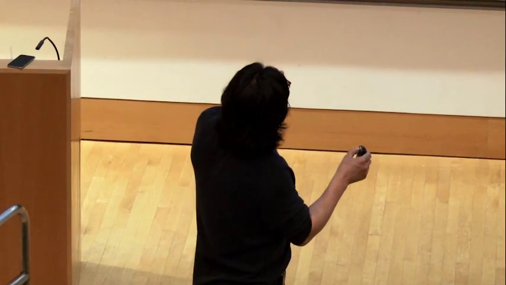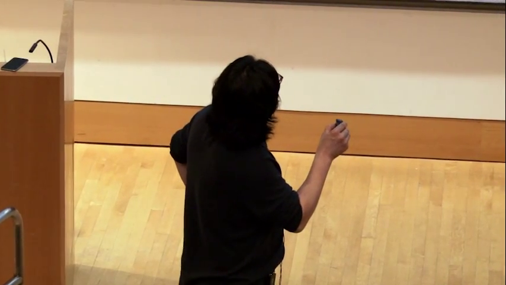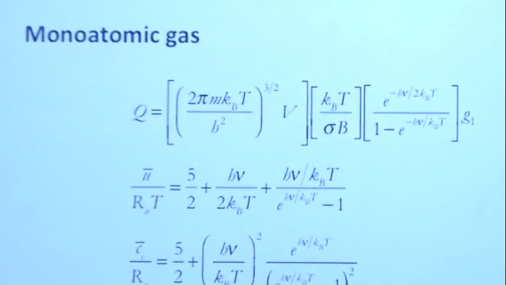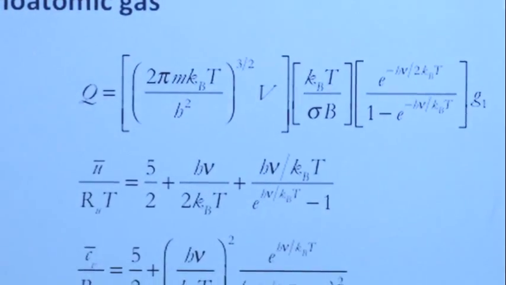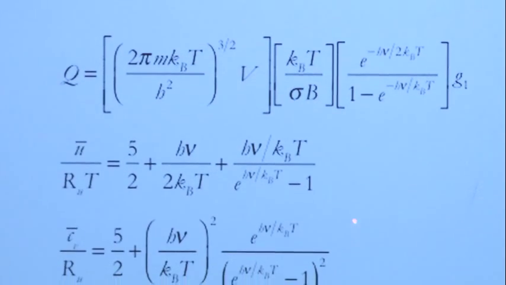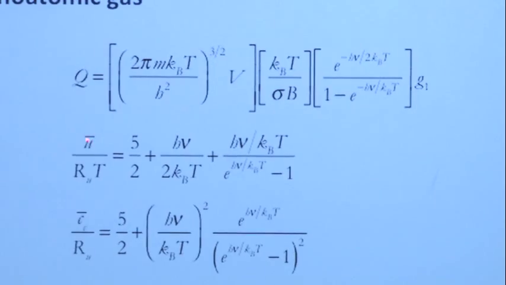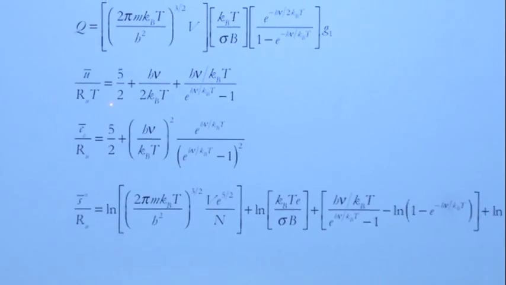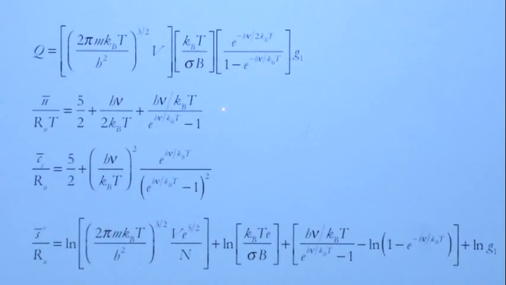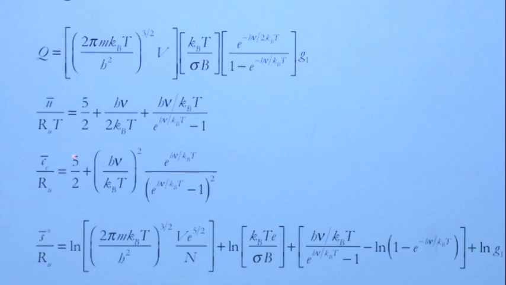In this thing, let me clear this up, okay? Monoatomic gas should not have this term. There's no rotation. It's a dumb ball. It's a billiard ball. Also, it has no vibration. This goes away. And for internal energy, this should be 3/2. No vibration. For specific heat, this is 3/2, no vibration. Okay? For entropy, only the translational contribution, no rotation, no vibration.